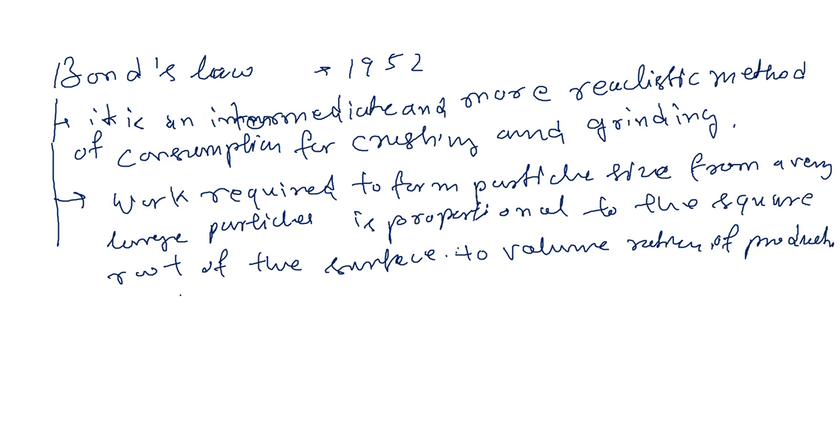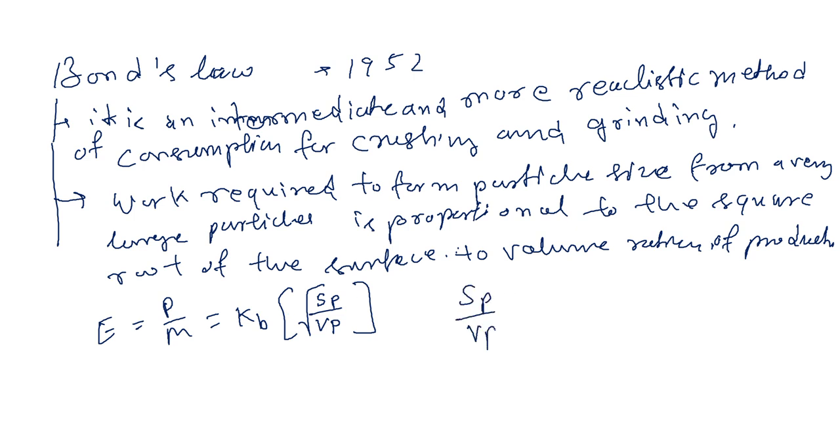So we can write that E is equal to P divided by M is equal to K, where K is the Bond's law constant. According to this law, we can write the square root of SP divided by VP. Here SP divided by VP is equal to 6 by dP, the particle size.